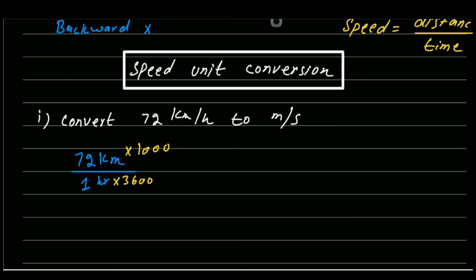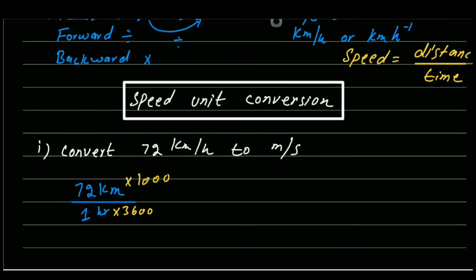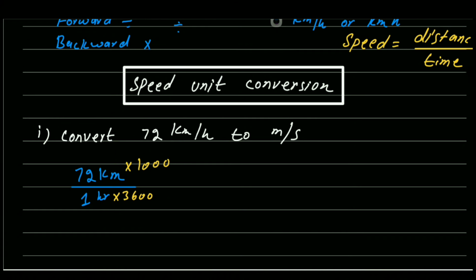For this, you can go and watch the video of unit conversion. I have also made that video, so you can take help from it. Now the answer will be 72 into 1000 over 1 multiplied by 3600.